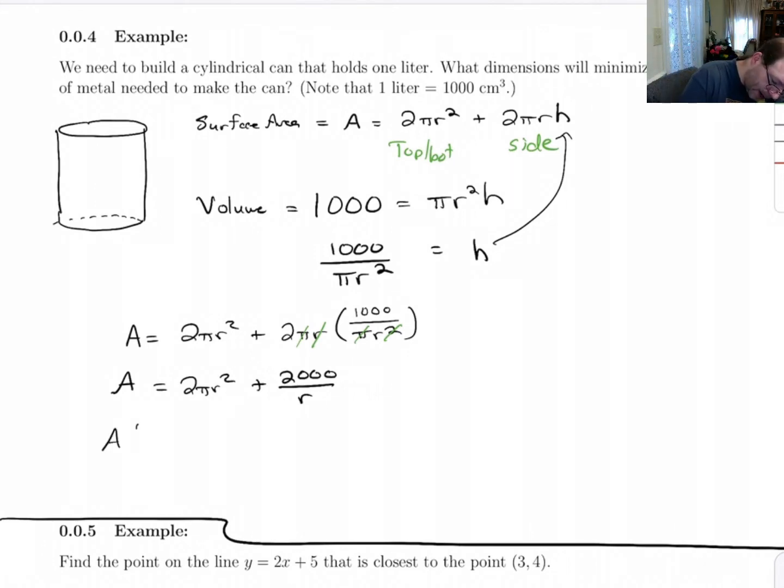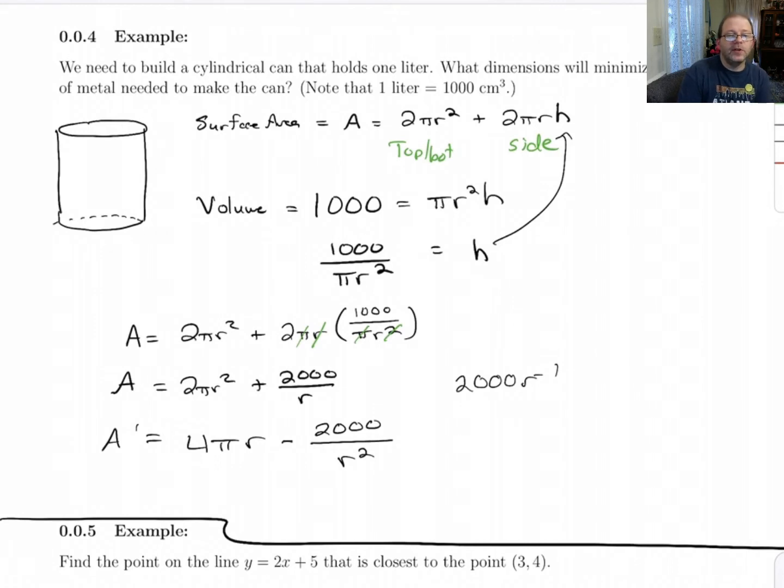So A prime is going to be 4 pi r, and then this is going to become minus 2,000 over r squared. You could do this as 2,000 r to the minus 1, and when you take the derivative you get minus 2,000 times r to the minus 2.